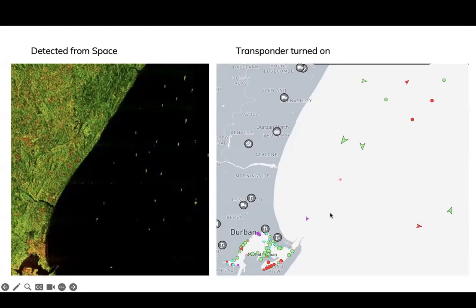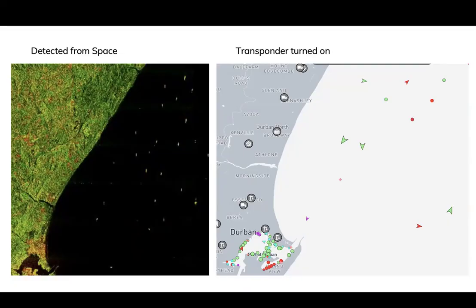The rest are stationary, a few here, one there, etc. Some are moving in and others are moving out. Now let's compare it with a satellite image. There are a lot more pings from devices on this satellite image than there are here, where people are behaving legally and have turned their transponders on.